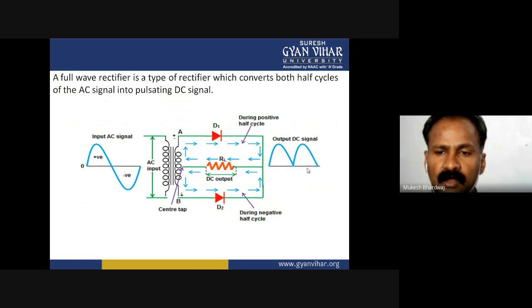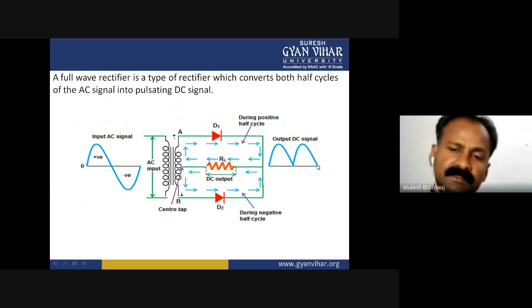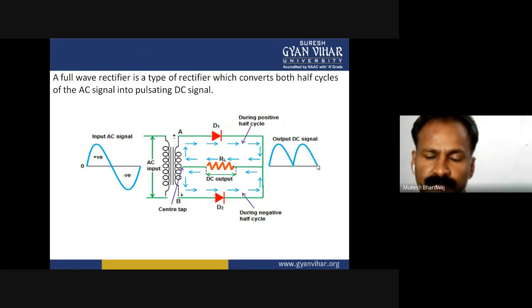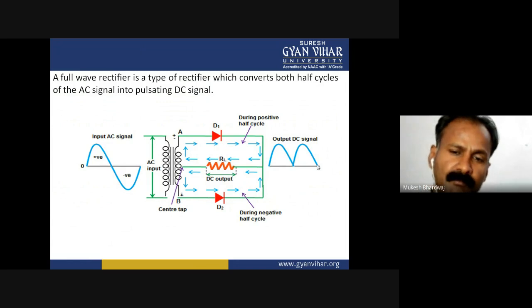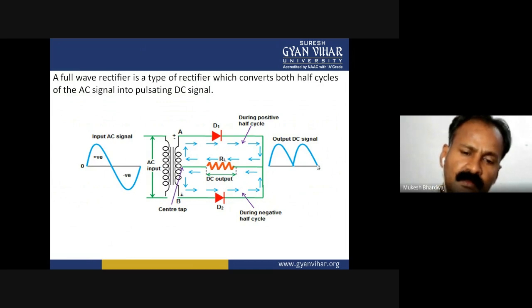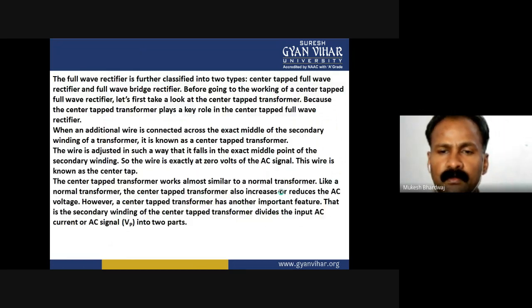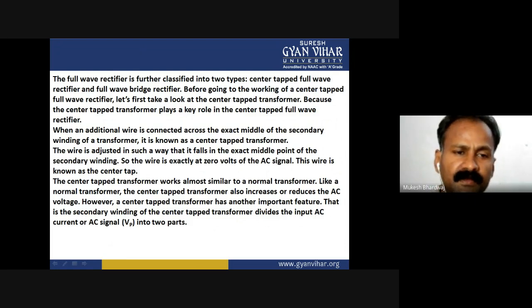So the output DC signal is something like this. It is again pulsating, but it does not drop to zero for an instant and then start increasing. The full wave rectifier is further classified into two types: center tap full wave rectifier and full wave bridge rectifier.